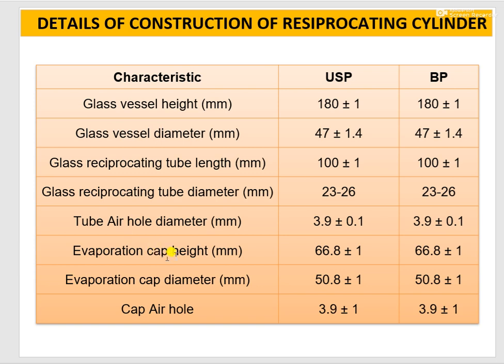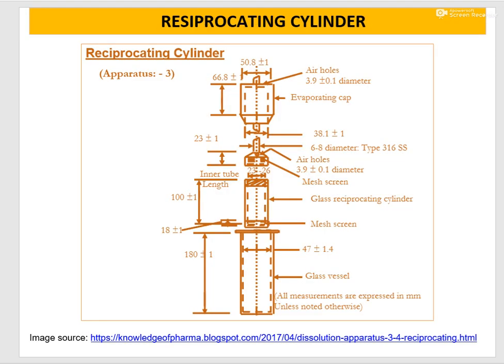Then evaporative cap height. On top there will be evaporation cap. So the dimension is 66.8 height. This is the height of evaporating cap, 66.8 height in millimeter.